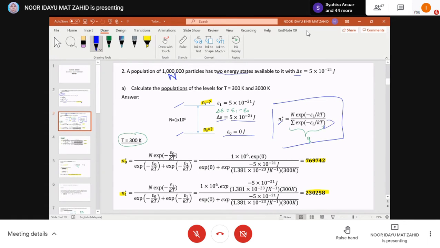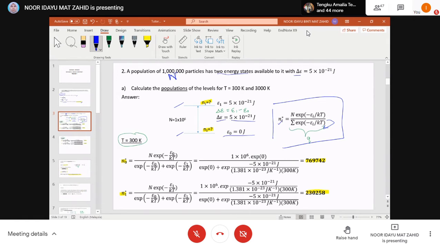By definition, this is what we call Q, the molecular partition function. The molecular partition function is the summation of exponential of negative epsilon i over kT.